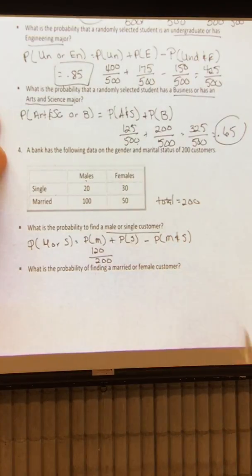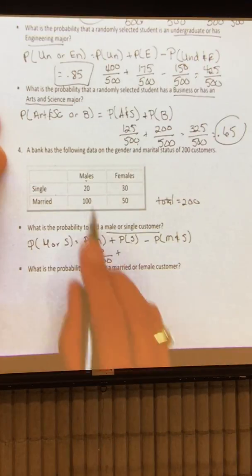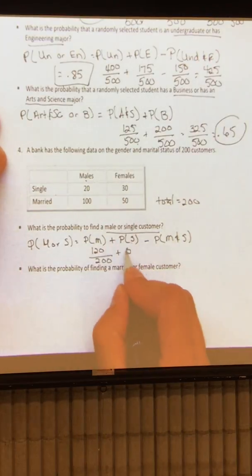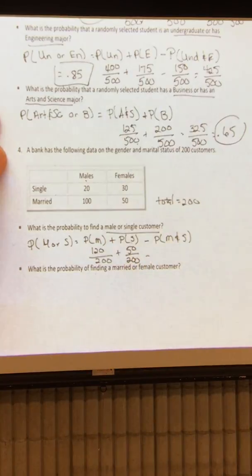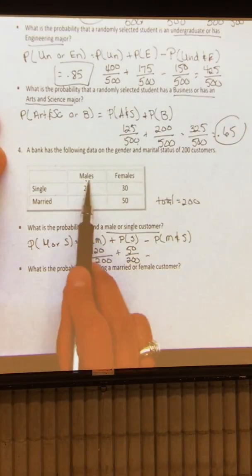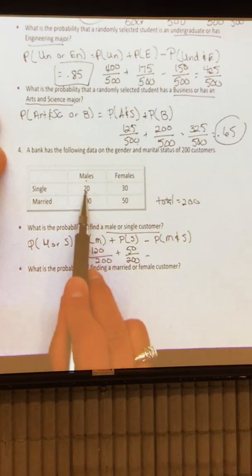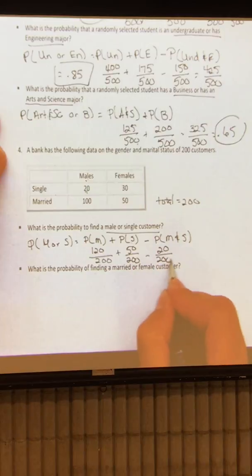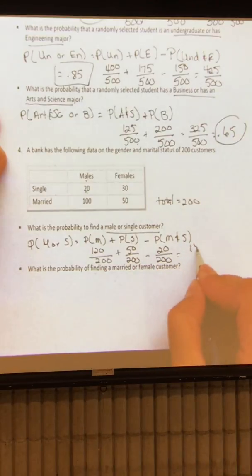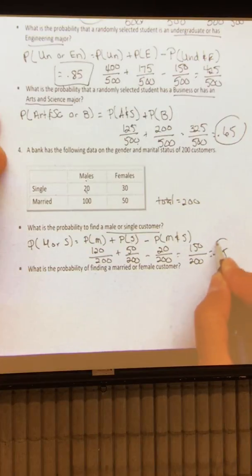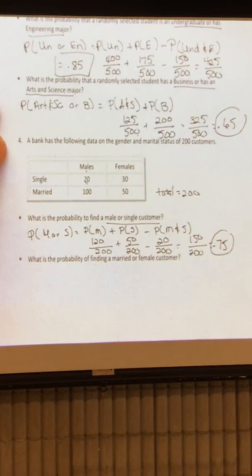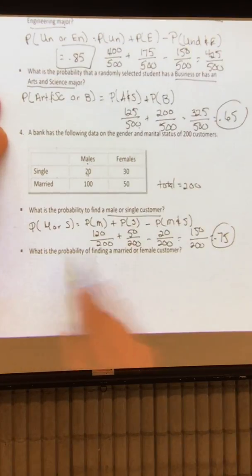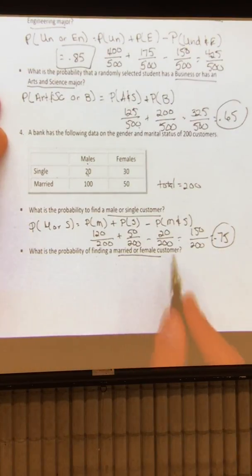So 120 divided by 200 plus the probability of single, 50 over 200, minus the probability of both male and single, which is 20, so minus 20 over 200. That total is 150 over 200, which is 0.75.